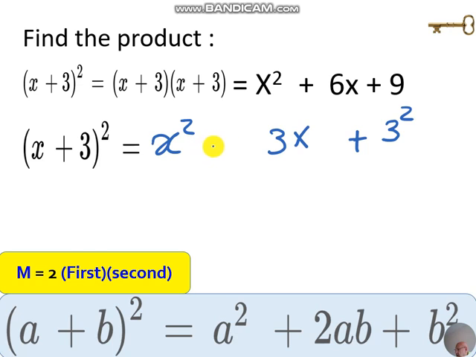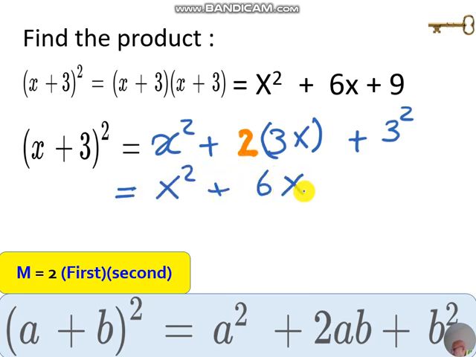Here the sign stays plus, and I multiply this by 2. Equals x squared, 2 times 3 gives 6x, and 3 squared means 9.